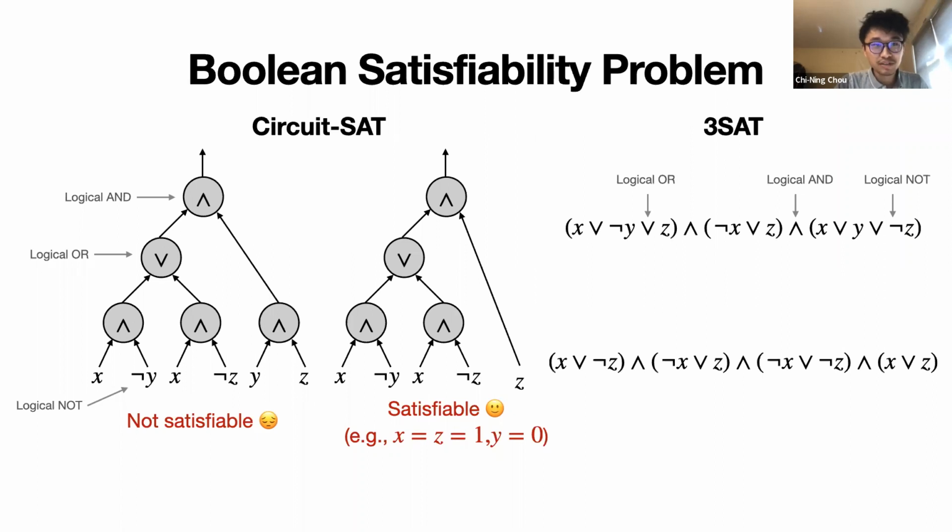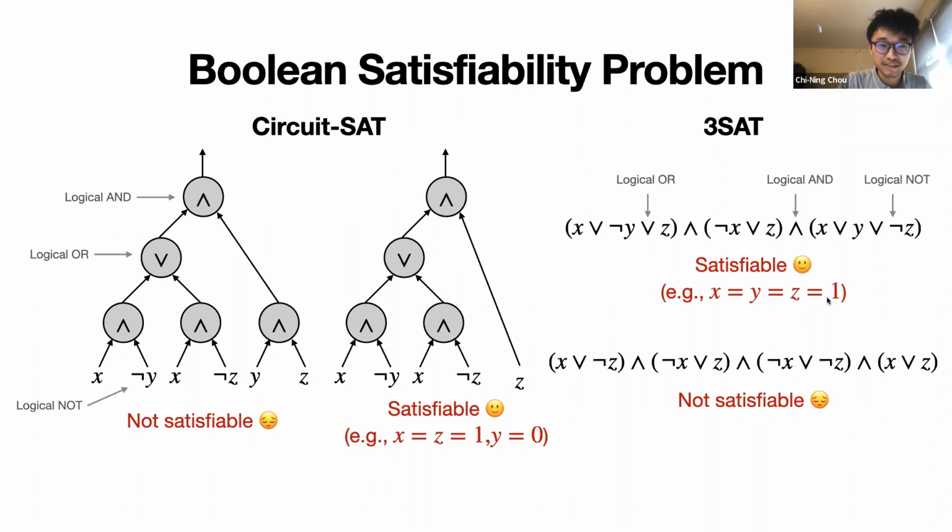And there are also other forms of the satisfiability problem when you write it in disjunctive form, or sometimes people also call it 3-SAT. Similarly, this one is satisfiable by directly plugging in a satisfying assignment, and the second one is not satisfiable. If you are not completely following, it's fine.